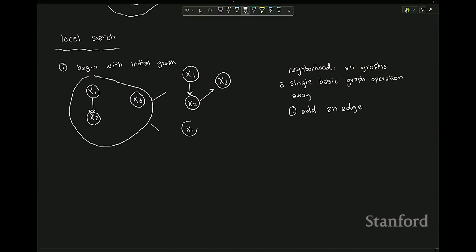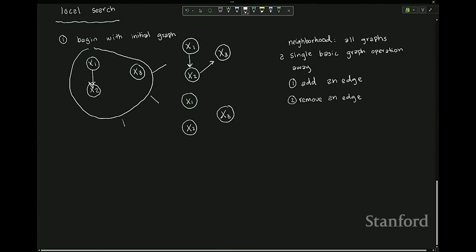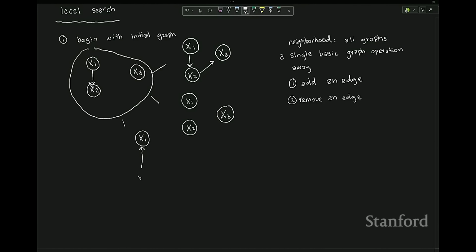In this case, since we only had one edge to begin with, that would result in a fully unconnected graph. And then finally, we can reverse the direction of an edge. We only have one edge to choose from in our initial graph, and we're going to flip it so that now x2 has an edge into x1.